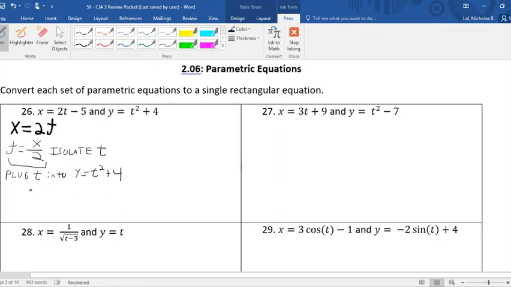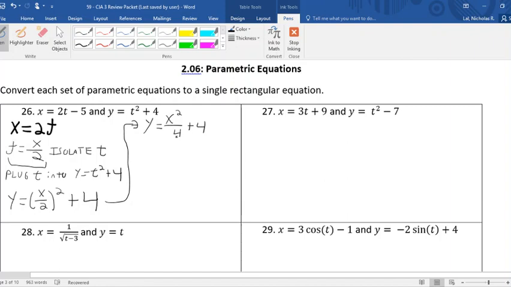In that case, we're going to have y is equal to x over 2 squared plus 4, which means y is equal to x squared over 4 plus 4.